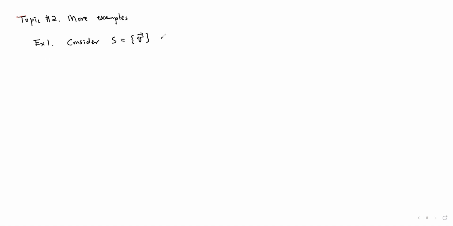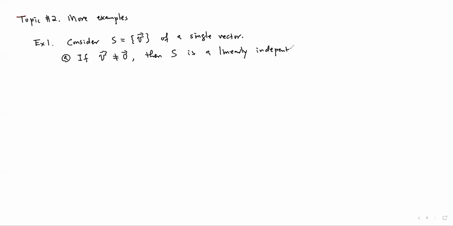A: if vector V is a non-zero vector, then the set is a linearly independent set.